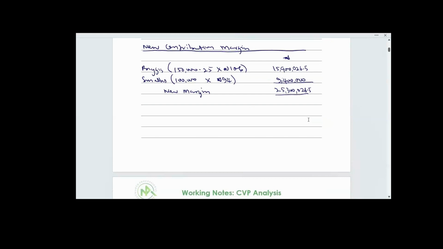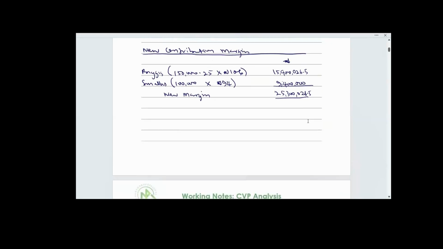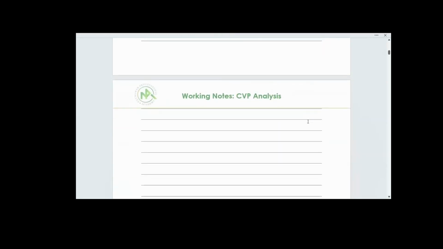So for us to get the shadow price, we need to determine the current contribution margin, where you don't have shadow price.